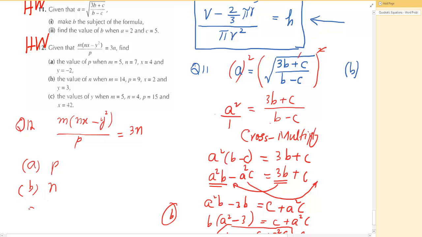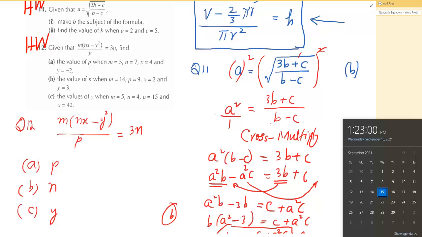In part C, you have to make Y the subject. So please, it is your turn. Solve it, and please show me your answer. You have very little time, 3 minutes. So I am waiting for your answers. Please, you have 3 minutes.